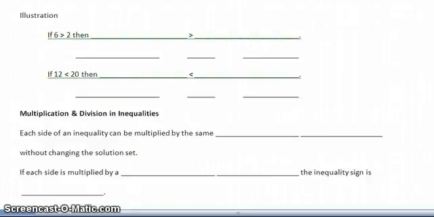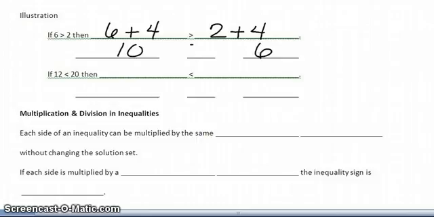Let's look at an illustration with just some simple numbers. If 6 is greater than 2, and what I told you was if we add the same number to both sides of that inequality, the inequality sign won't change, but let's just check it out. So 6 plus 4 is 10, 2 plus 4 is 6, and what we need to ask ourselves is, is 10 greater than 6? And indeed it is.